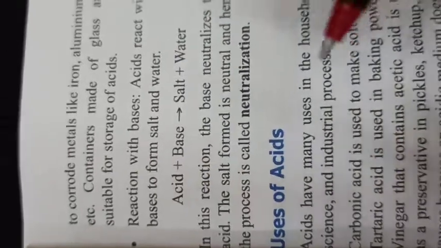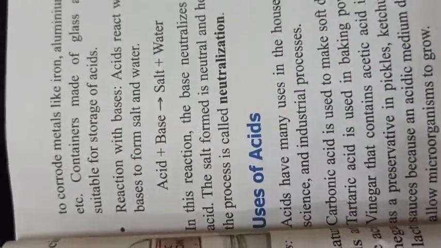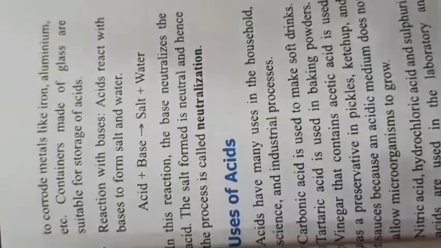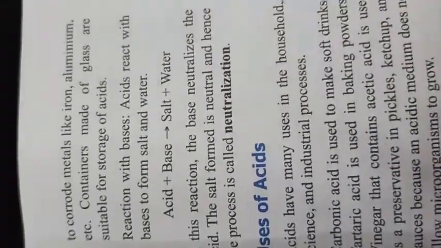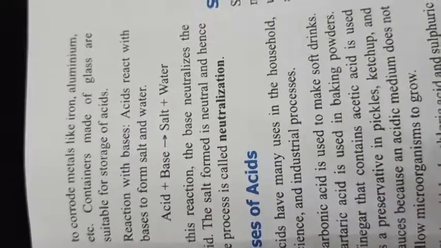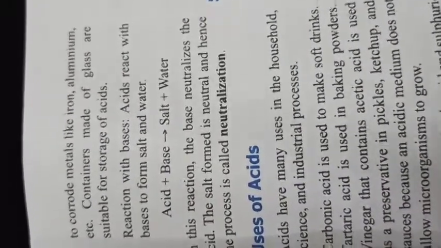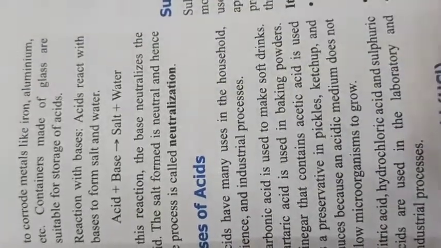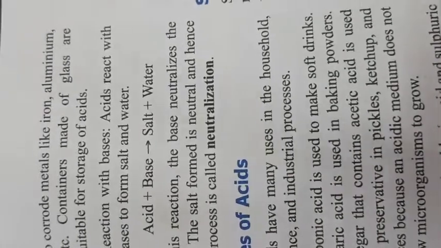So children, here what they have shown in this property is that all acids are corrosive in nature. Corrosive means very destructive, it can spoil any surface immediately. So it is called corrosive, and they can melt anything.